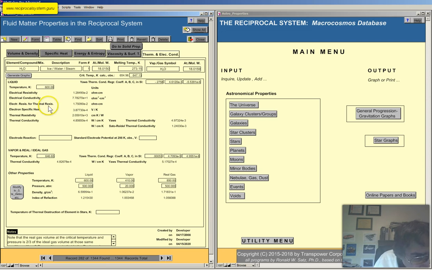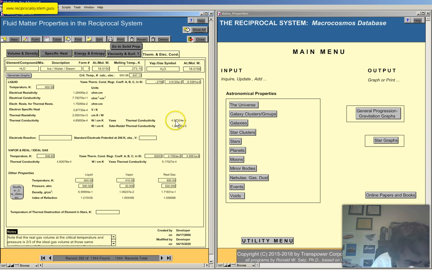Electrical resistivity for thermal resistance, which can be different, by the way, and you can see that it is ohm per centimeter. Electron-specific heat, that's in volts per Kelvin. It's very interesting. Thermal resistivity is calculated here. Thermal conductivity is calculated here, and then we compare it to the Yaws calculations.